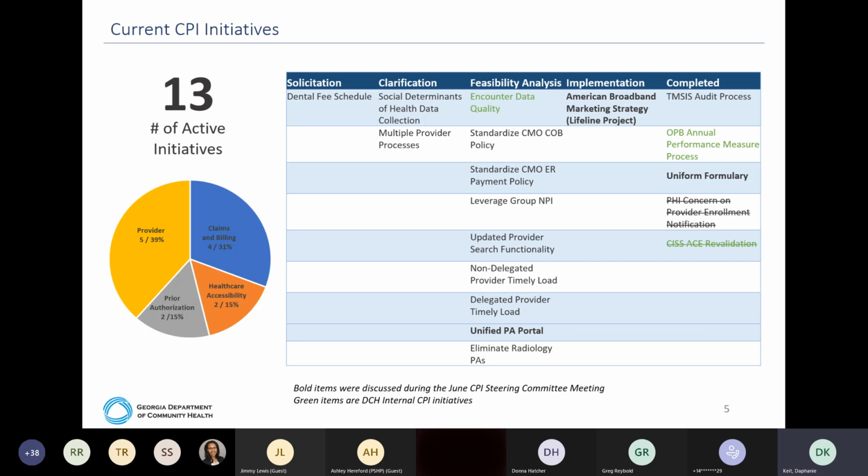Through that TMSIS process, sometimes we receive information back from CMS indicating that to comply with their standards, we have to make changes. And sometimes those changes have an effect on the way that our providers submit their claims.